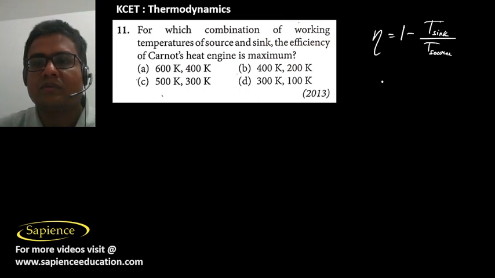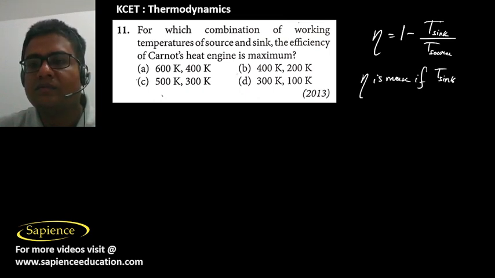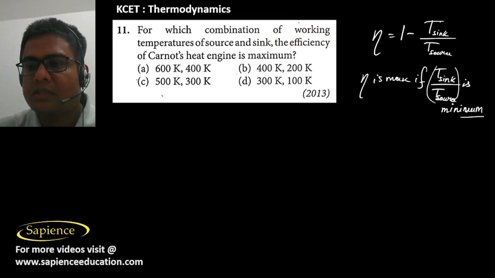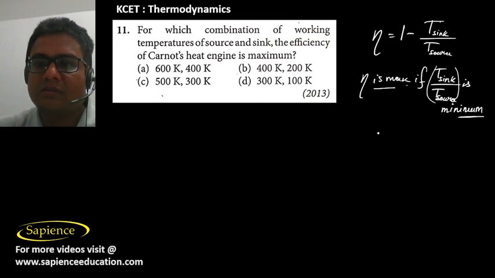So the efficiency eta is maximum if the ratio of the temperature of sink and the temperature of source is the least. If this ratio is minimum, then only eta is maximum.